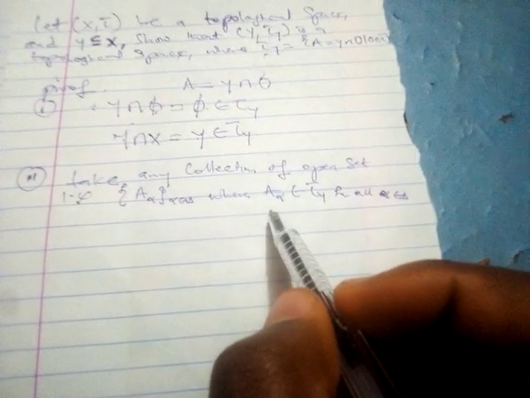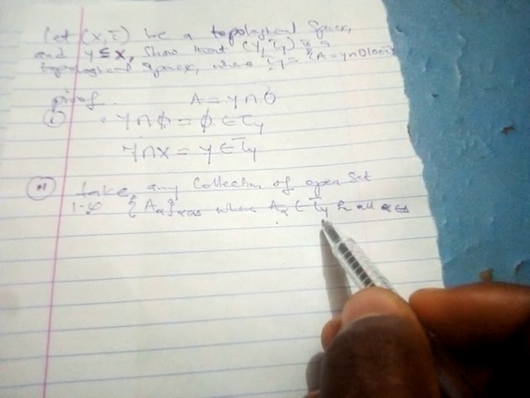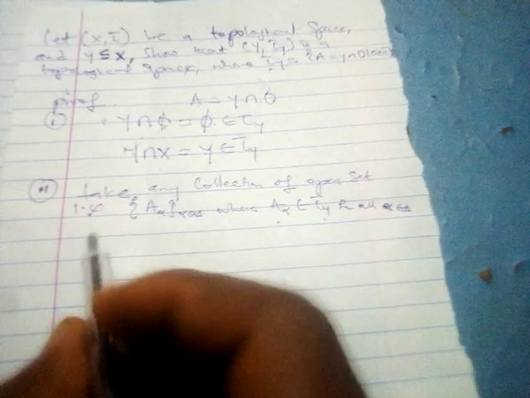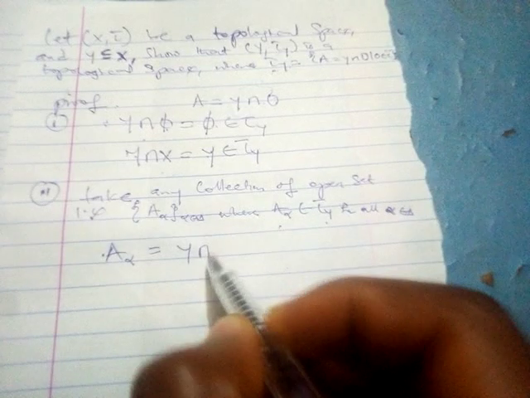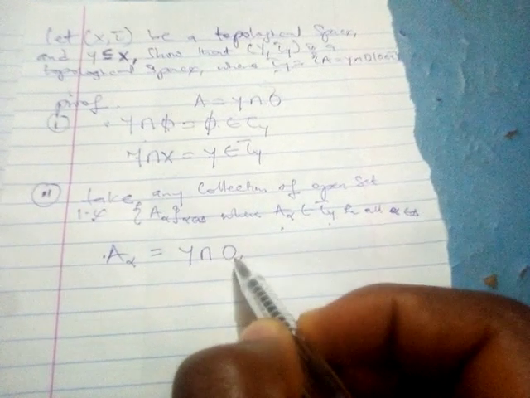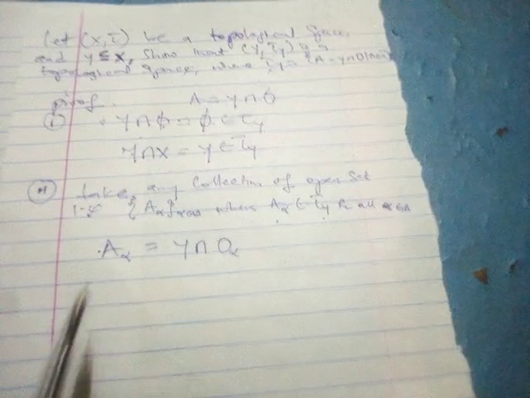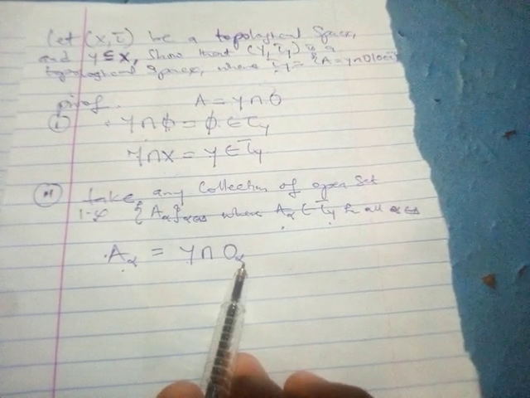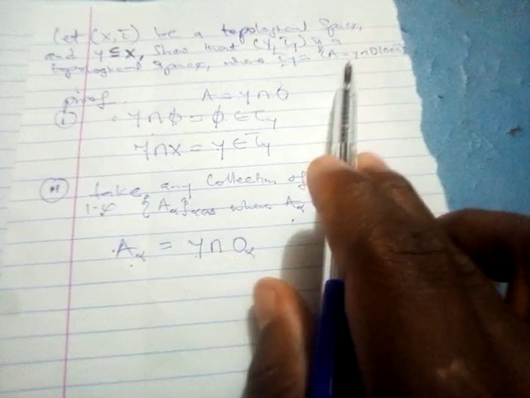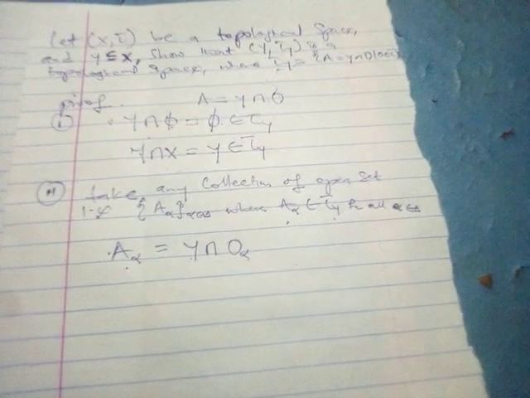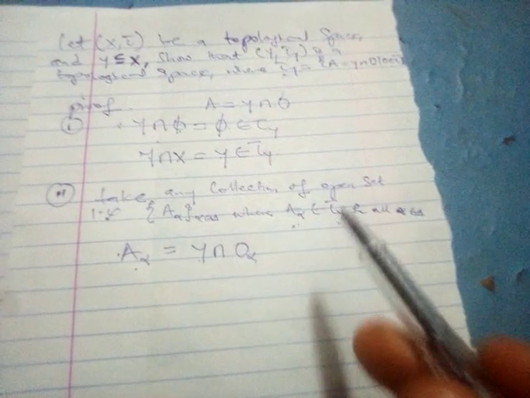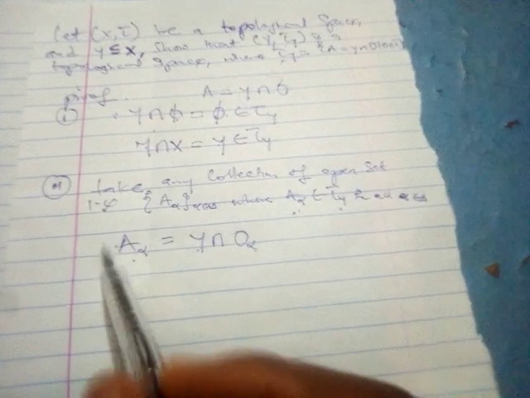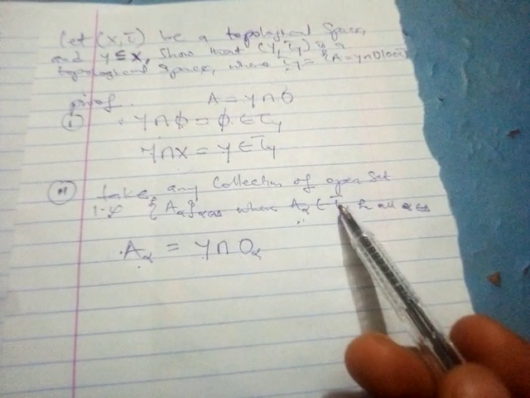We know that A alpha is equal to Y intersect O alpha, as defined in our topology here. We want to show that the union of this A alpha will also be in this topology.